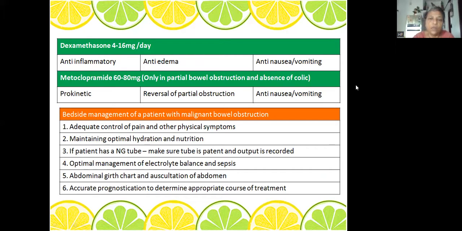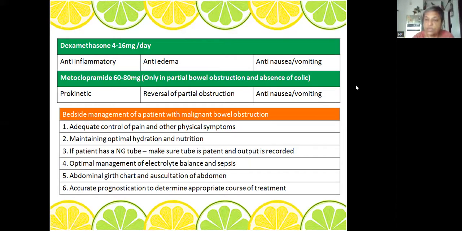Okay. Now, what bedside management of a patient with malignant bowel obstruction can we do? What are the bedside management we can do for such patients? First and foremost is accepting the patient as the patient is. That is very important. Second, control the pain and other physical symptoms.